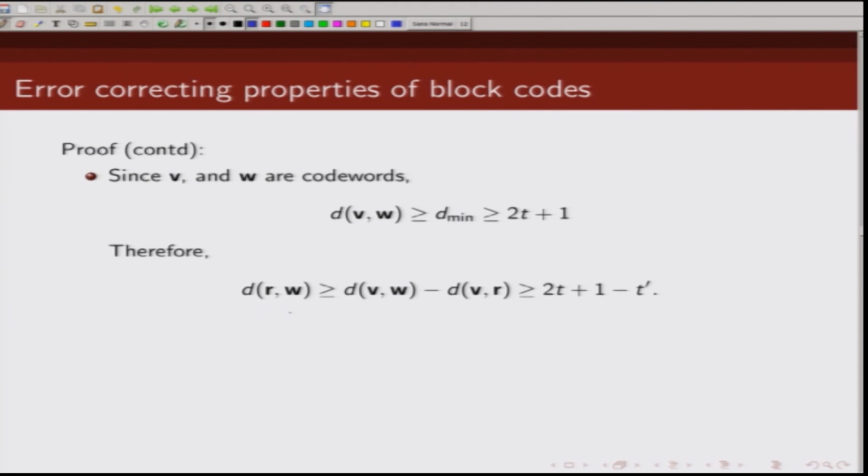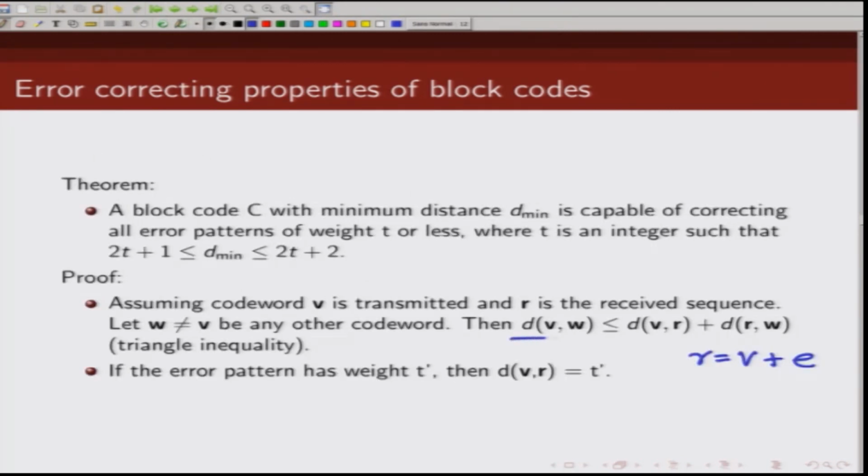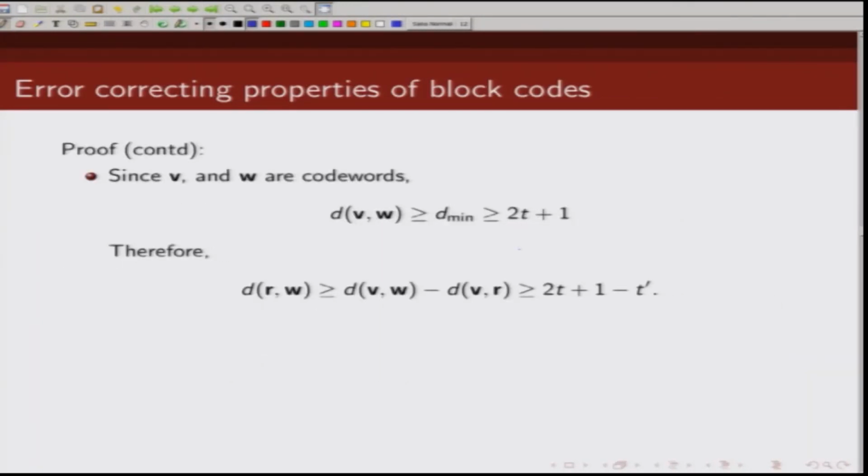Now, from the triangular inequality, the Hamming distance between V and W is less than or equal to Hamming distance between R and W plus Hamming distance between R and V, right.